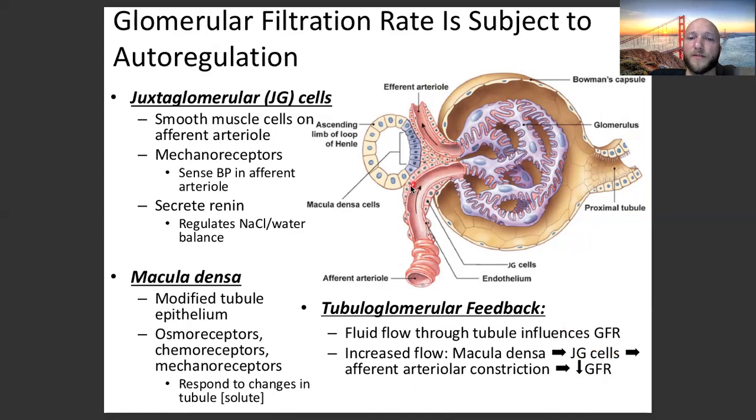So once again, we have the JG cells at the front, which can detect stretch, which help regulate GFR on the way in. And we have macula densa cells, which detect stuff in the tubes, which can talk to the JG cells. We kind of have sensors at the beginning and sensors at the end. They can help regulate GFR.